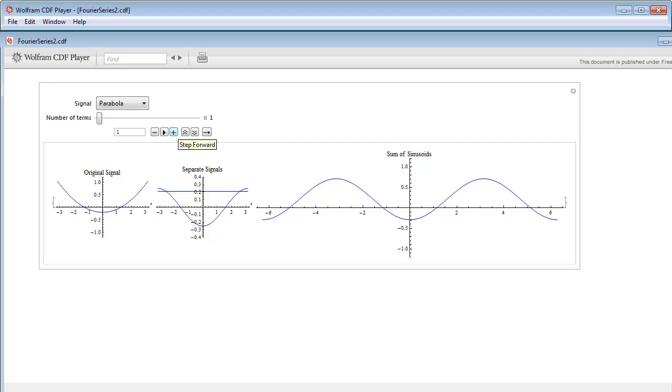The second plot here is the separate sinusoids that we're going to add together. And the third one is their sum. All right, so this is what we want to approximate the parabola. So far, it looks a little bit like it. Let's add some more. So we add the third one that just appeared here. Add it in. Okay, let's keep going.